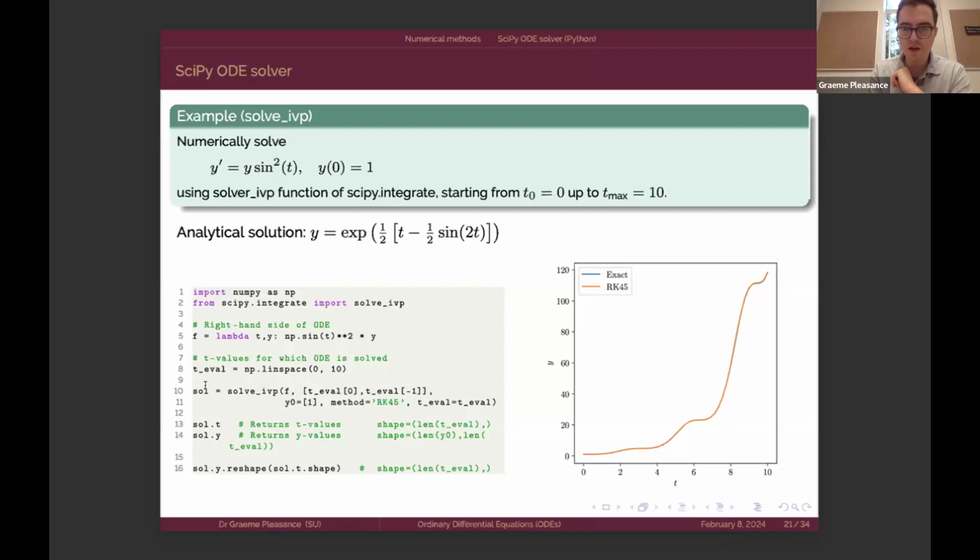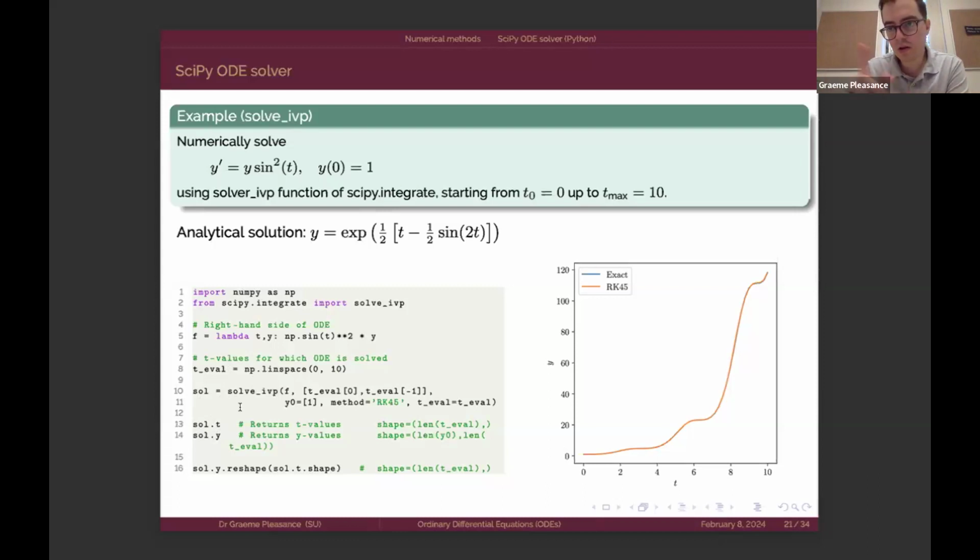The way that you can recover these is that they are stored as attributes of this function. If you do sol.t, this returns the corresponding t values, and if you do sol.y, this returns the corresponding y values.